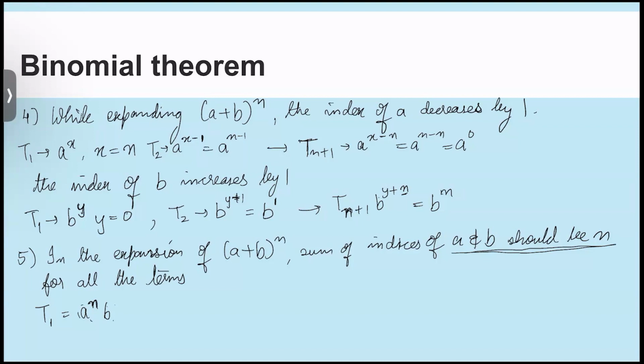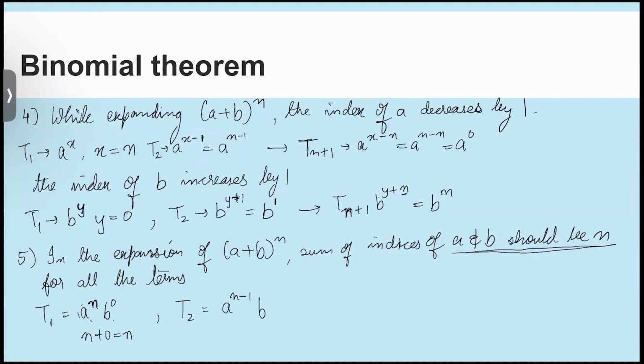So if a is already raised to n, this has to be 0, so that n plus 0 would be n. Similarly, in your second term you have A raised to n minus 1.